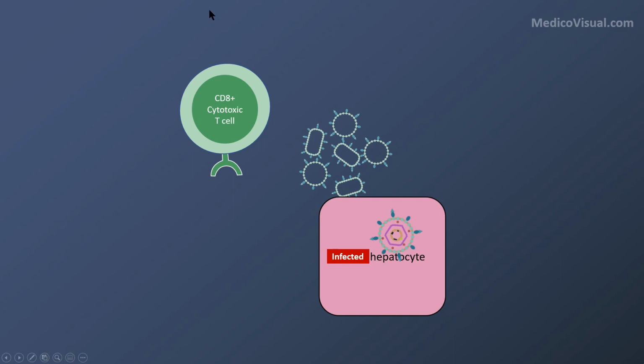And then what will happen? The cytotoxic T cell will kill this infected hepatocyte, it will also generate more virus particles, then it will kill another hepatocyte, and in this way it may even end up killing the whole liver. And that's how fulminant liver failure occurs.